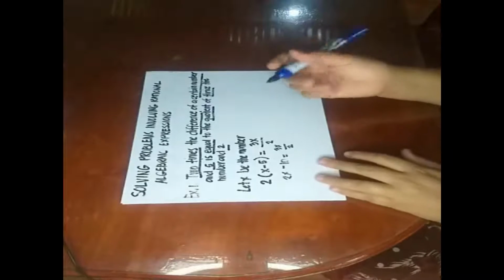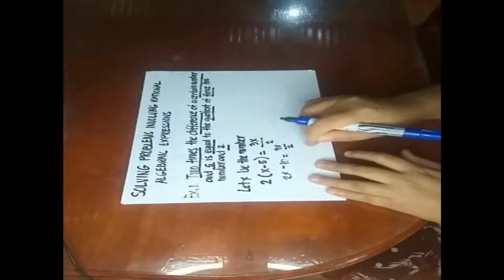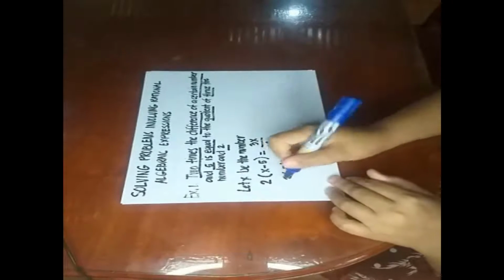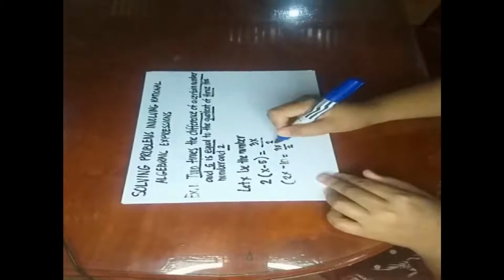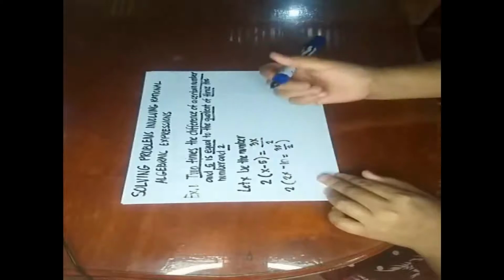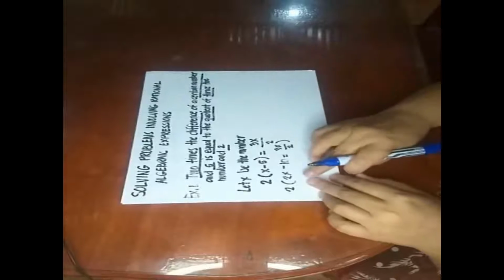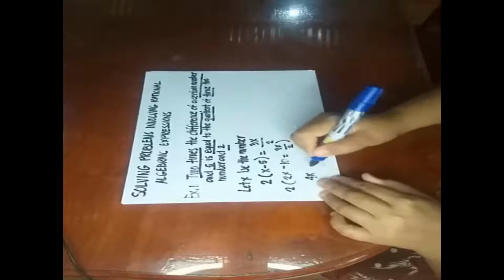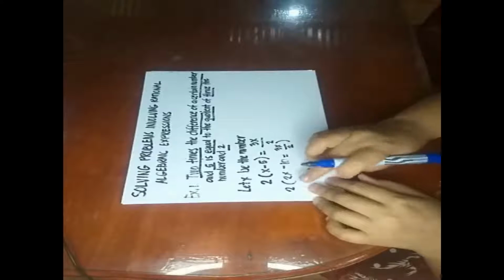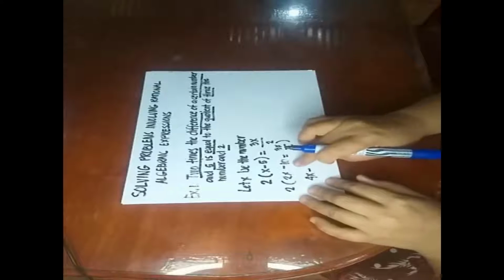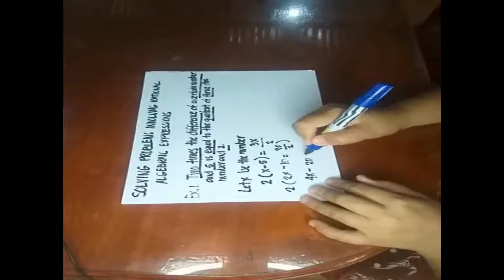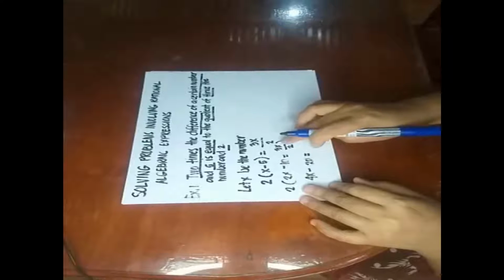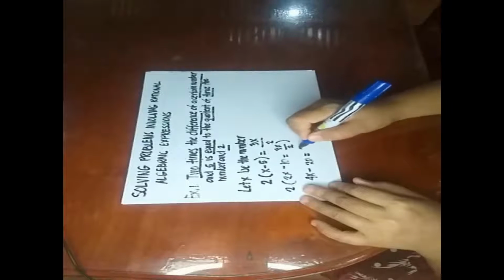2. So, to remove the 2, multiply the whole equation by 2. 2 times 2x is 4x, minus 2 times negative 10 is 20, equals 2 divided by 2, 1, times 3x equals 3x.